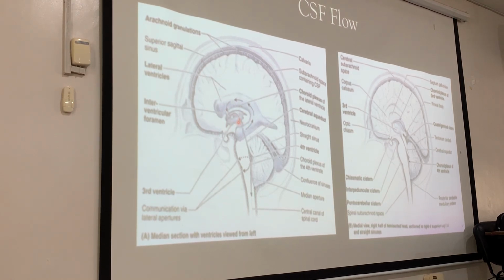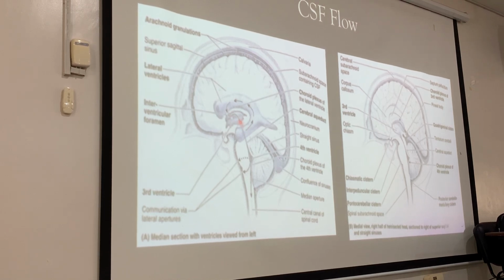The third ventricle is surrounded by the diencephalon. So there, CSF will flow from the third ventricle into this small canal. This small canal is called the aqueduct of Sylvius. Okay.